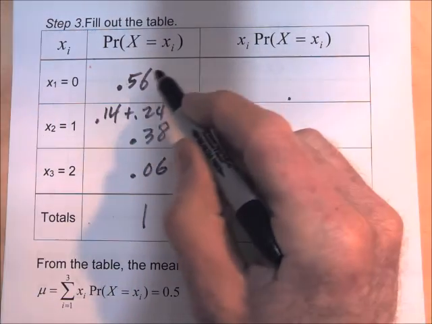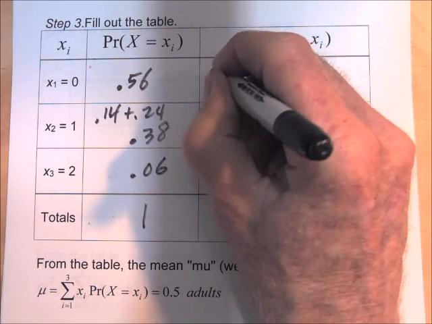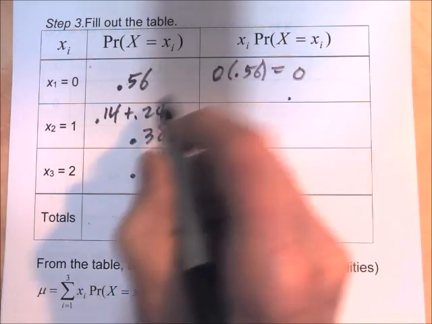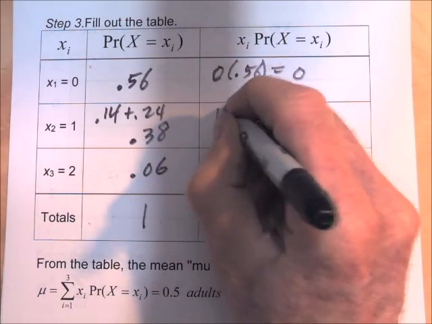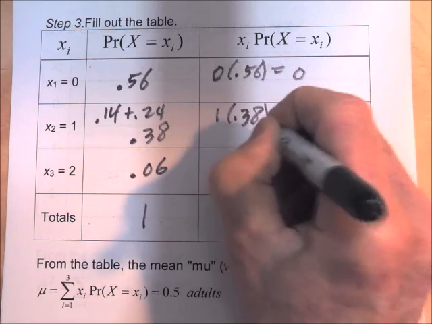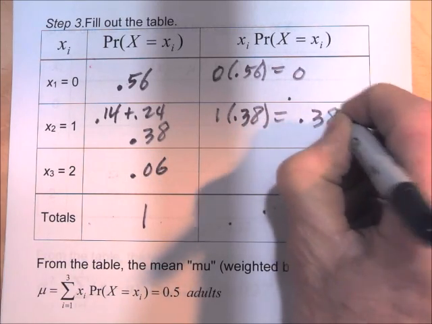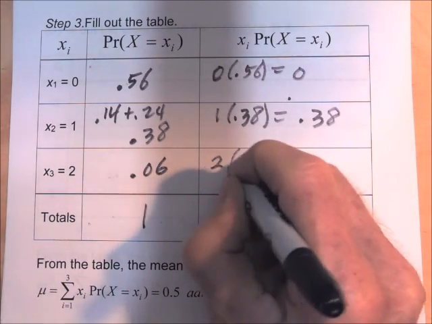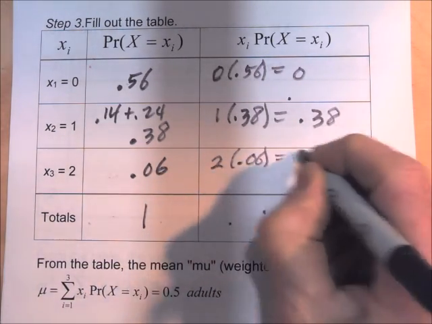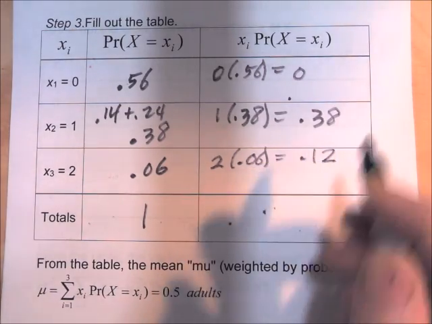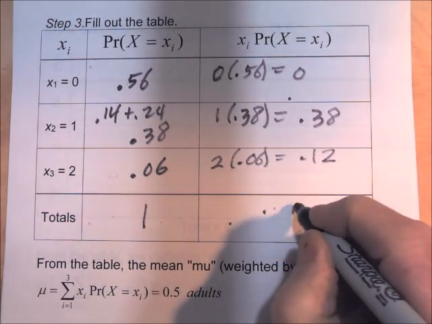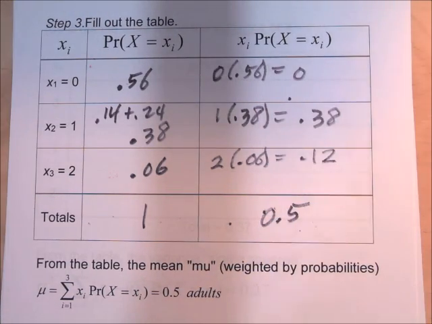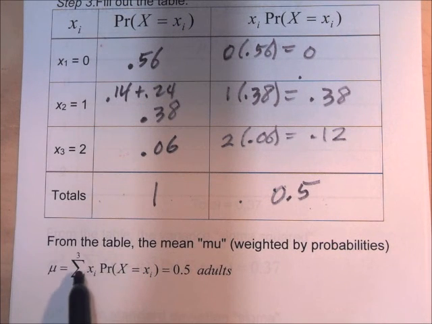So it'll be 0 times 0.56, which is equal to 0. 1 times 0.38, which is equal to 0.38. 2 times 0.06, and that's equal to 0.12. So if we add these up, this total here is 0.5. So the mean, here's the notation.